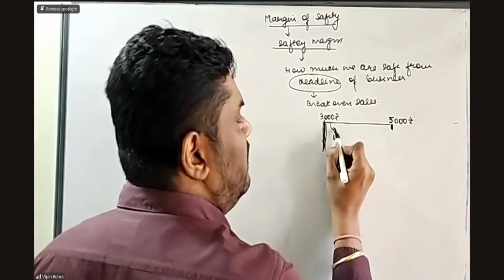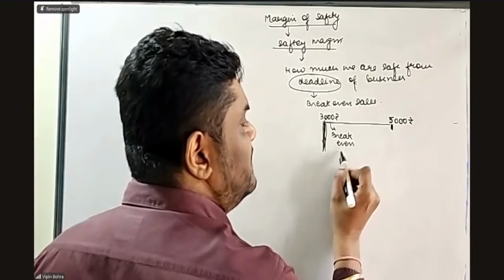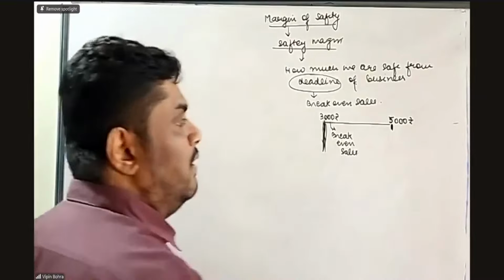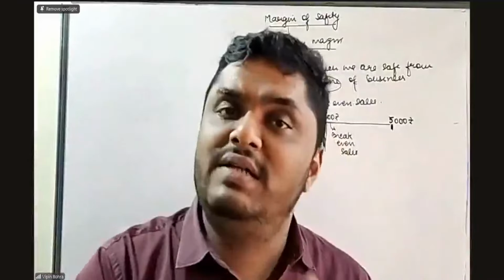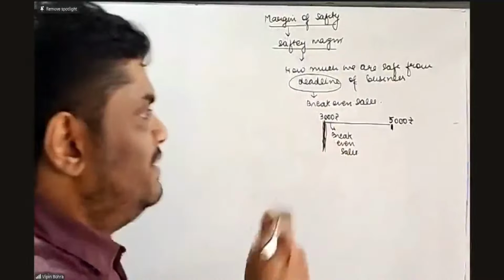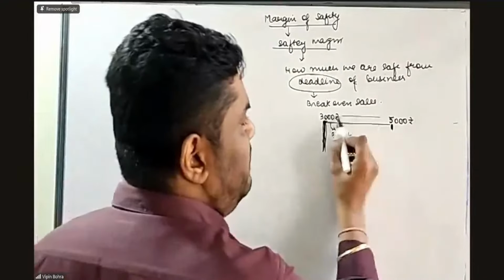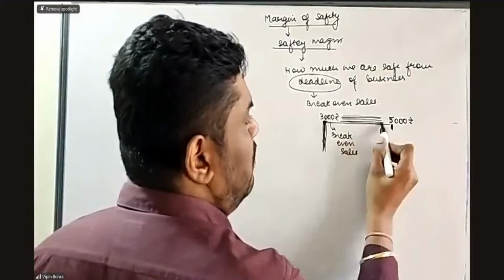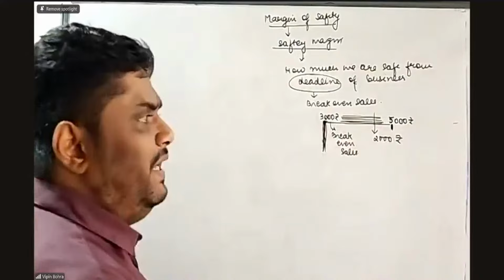That is my break-even sales. Once the sales goes below 3,000, I'll start making losses. So this is my dead point of business now. So how much safe I am? By 2,000 rupees.